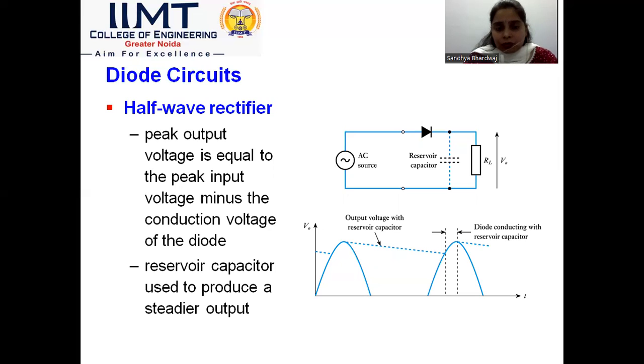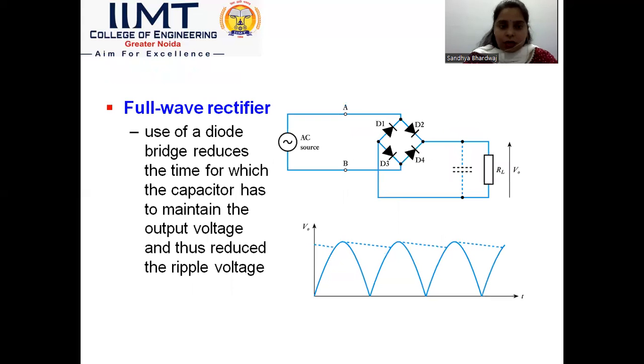A reservoir capacitor is used to produce a steadier output, meaning constant output. Again, the full wave rectifier, in the form of a bridge rectifier, uses a diode bridge to reduce the time for which the capacitor has to maintain the output voltage and thus reduce the ripple voltage.